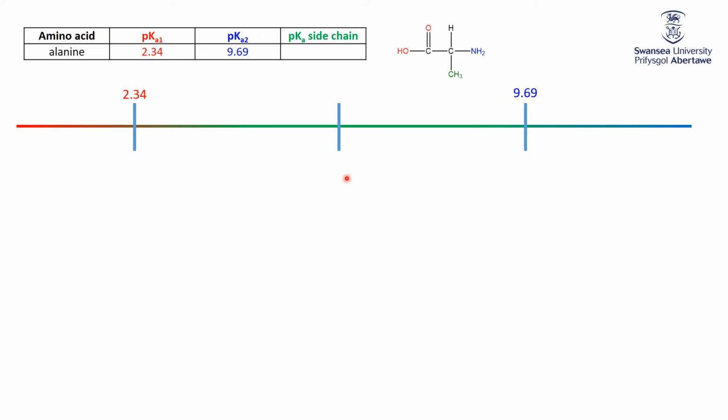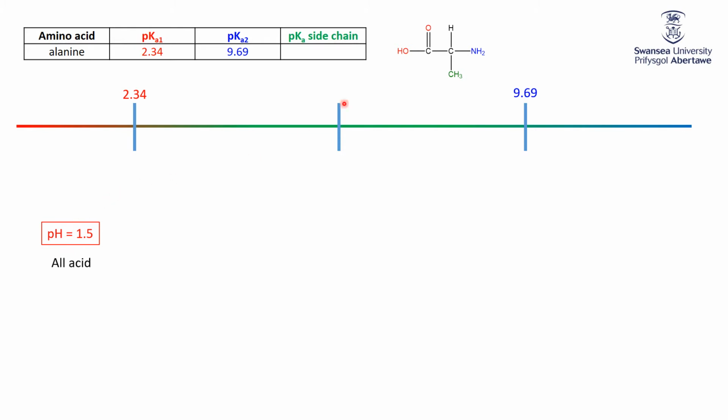Now, you always want to worry, first of all, about what form the amino acid is going to be in at very low pH. And I put in the worksheet pH 1.5. I could have done 1, could have done 2, could have said low pH, anything lower than 2.34. Now, as long as the pH is more acidic than the first pKa, that means that the dominant structure of the amino acid is going to be where everything is acidic.